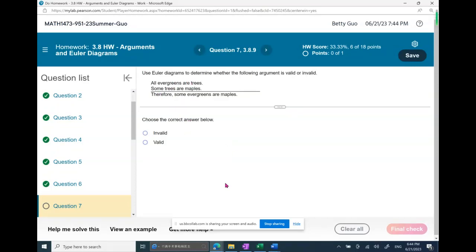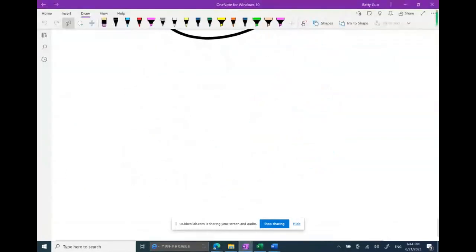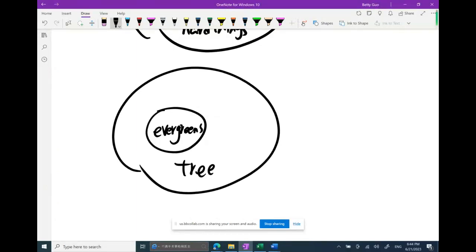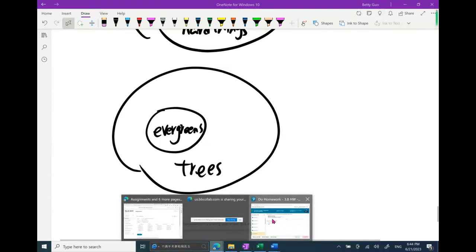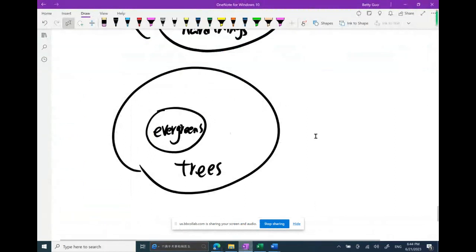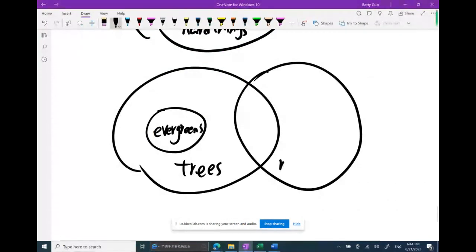Okay, evergreens, trees, maples. All evergreens are trees. That's the first premise. Second premise, some trees are maples. For example, this tree is a maple tree.